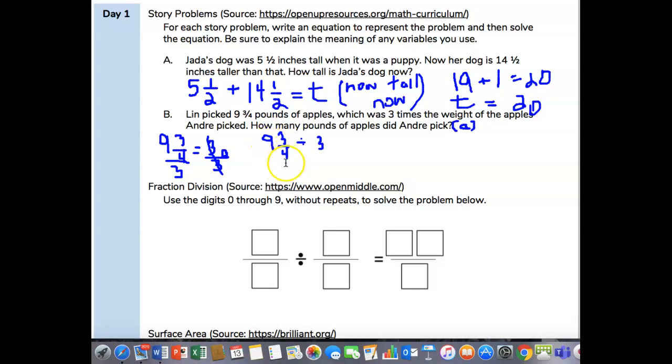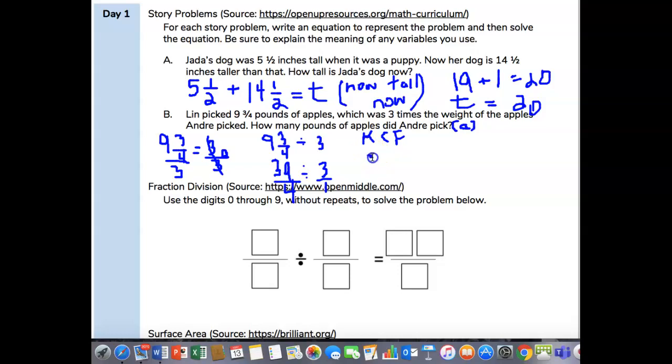So 9 times 4 is 36, plus 3 is 39. 39 over 4 divided by 3, and let's change 3 to a fraction. Now we can do our work. Remember our strategy of keep, change, flip. And this only works when we're dividing fractions.